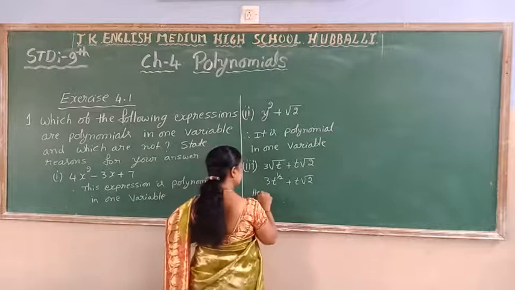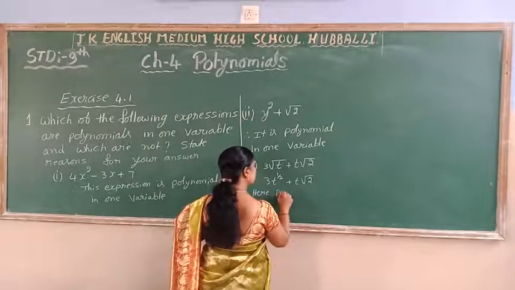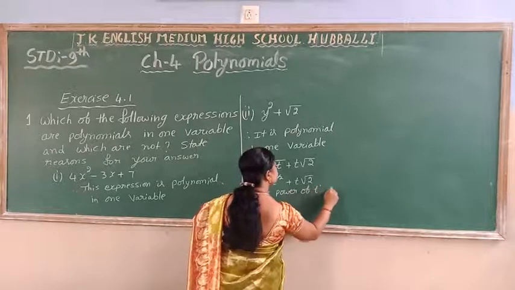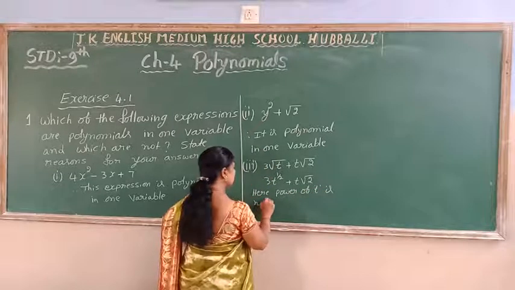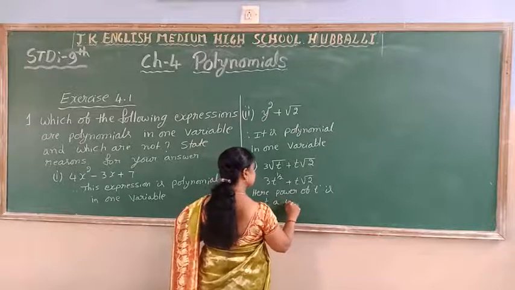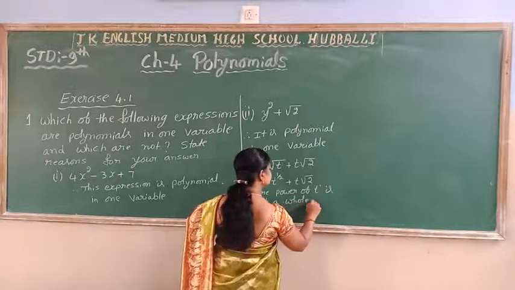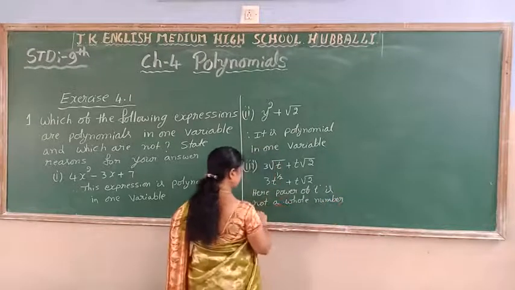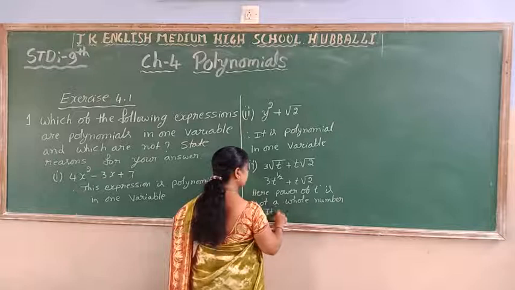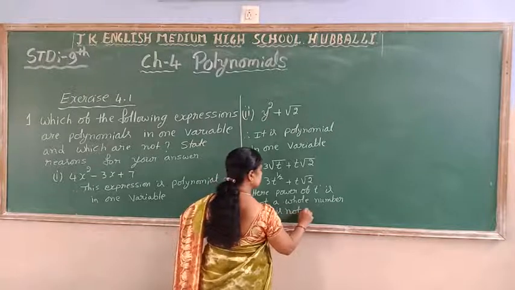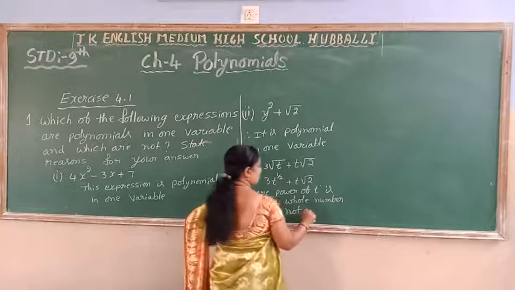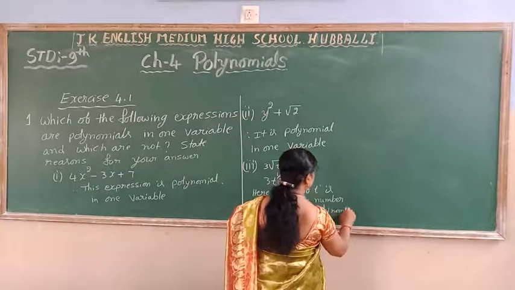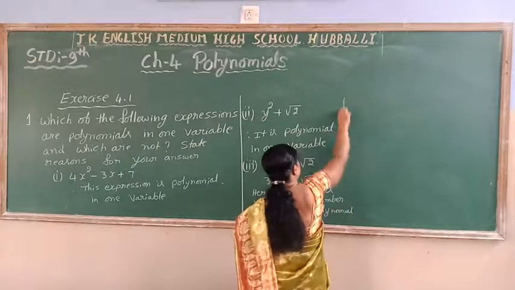Here the power of t is not a whole number. Therefore it is not a polynomial. One variable is there, but it is not a polynomial.